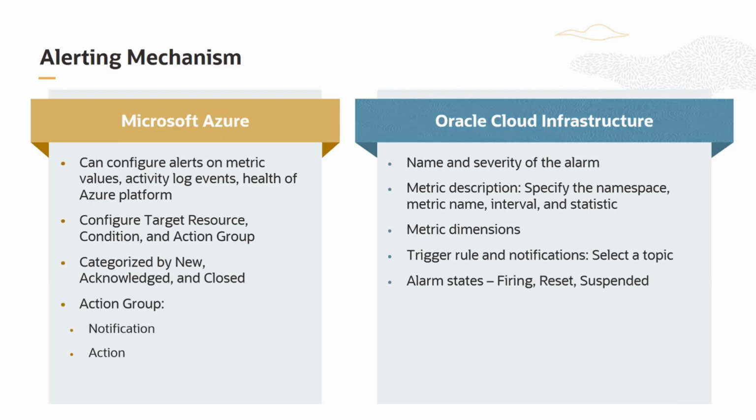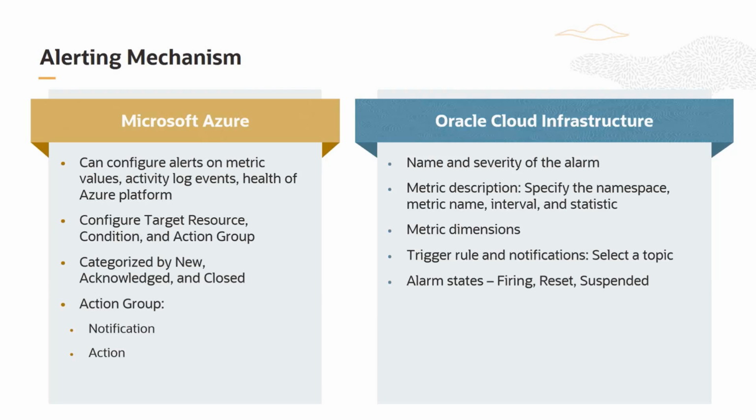OCI also has an alerting mechanism, and it is known as alarm. While creating an alarm, you define the severity, and you specify a namespace, which is the source service emitting the metric. You also specify the metric name, the interval, and the statistic. Think of the statistic like an aggregation function.